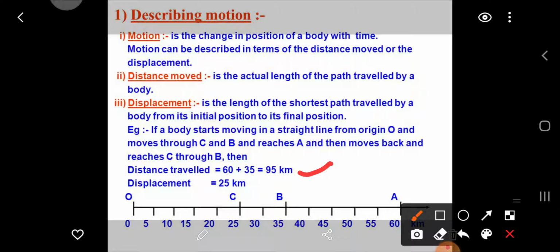So here 60 plus 35 is 95 kilometers, because he moves through C and B and then reaches A. But displacement is 25, because it is the shortest path traveled by a body from its initial position to its final position. The shortest distance or the shortest path traveled by any object is called its displacement.